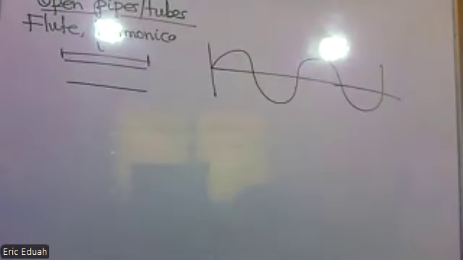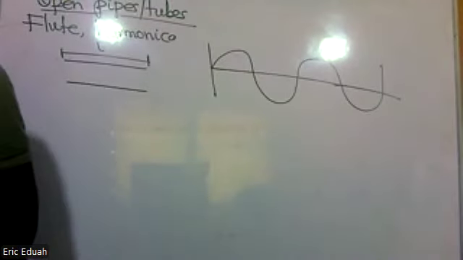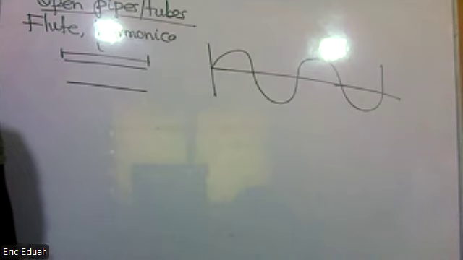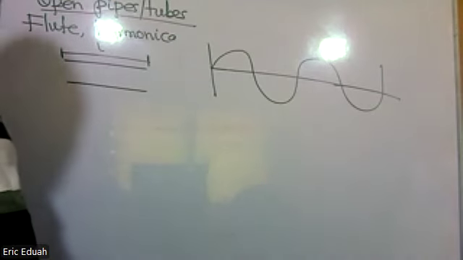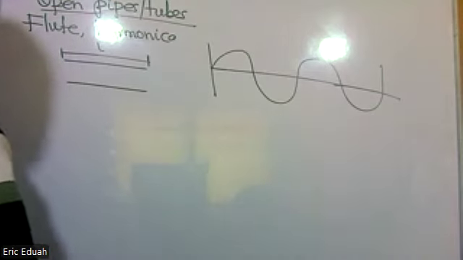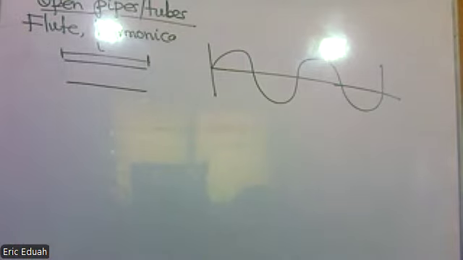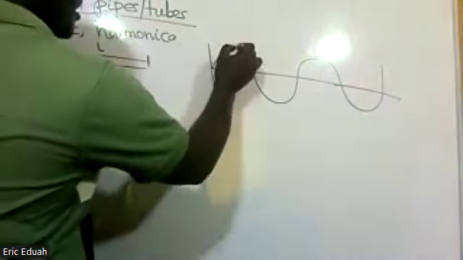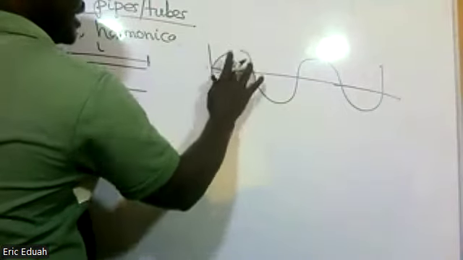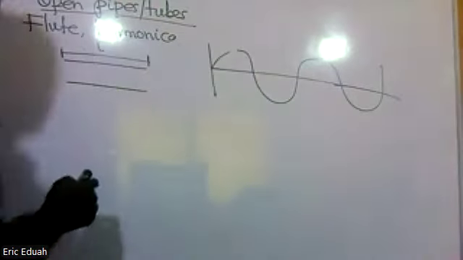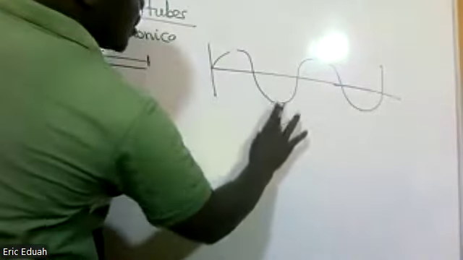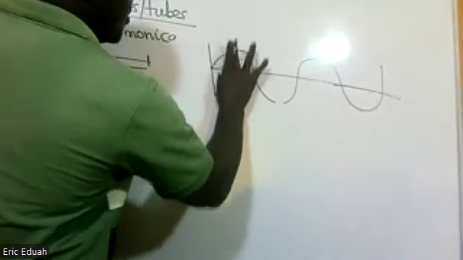Now, because there are open ends, there will be formation of antinodes at both ends. So the first possibility, here we are starting from an antinode and ending with an antinode. So the first possibility will look like this.